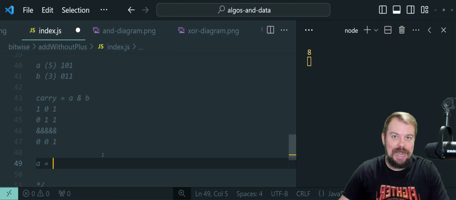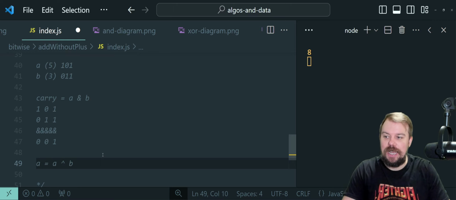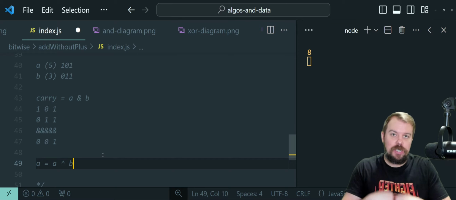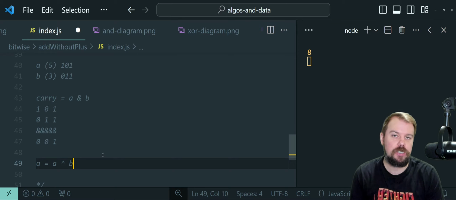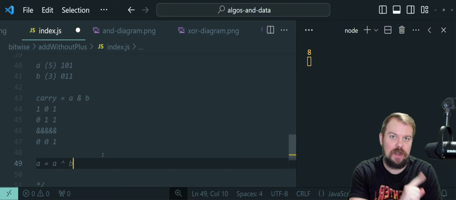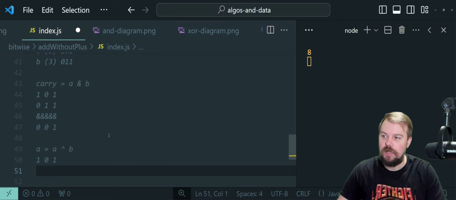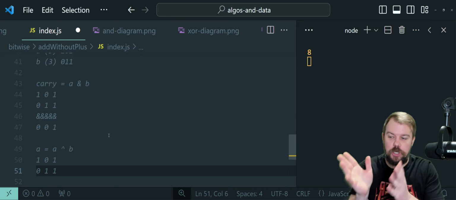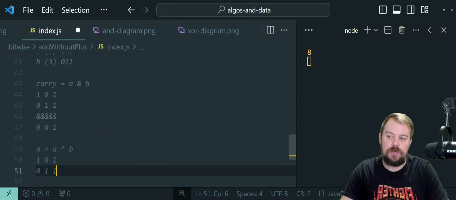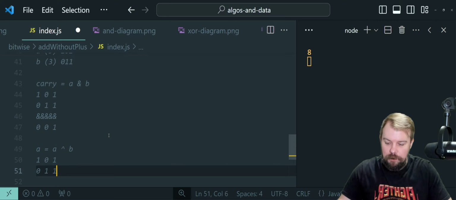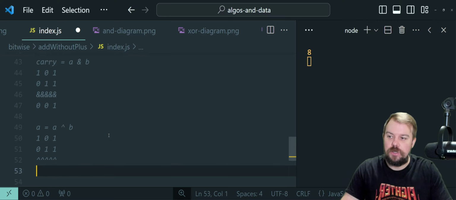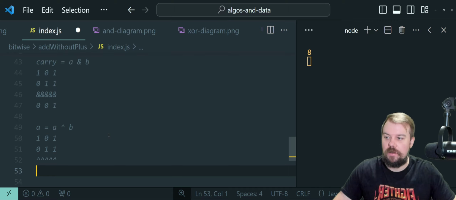Next, we reassign A. Important to remember, we're going to reassign A to A XOR B. So this is actually the arithmetic part, the sum of the two numbers, but without the carry. So here we go. This is going to be 1, 0, 1 and 0, 1, 1. Those are our two inputs. We haven't reassigned A or B yet, so they're the initial two values. Then we're going to XOR these together, the XOR operator, that up caret right there.